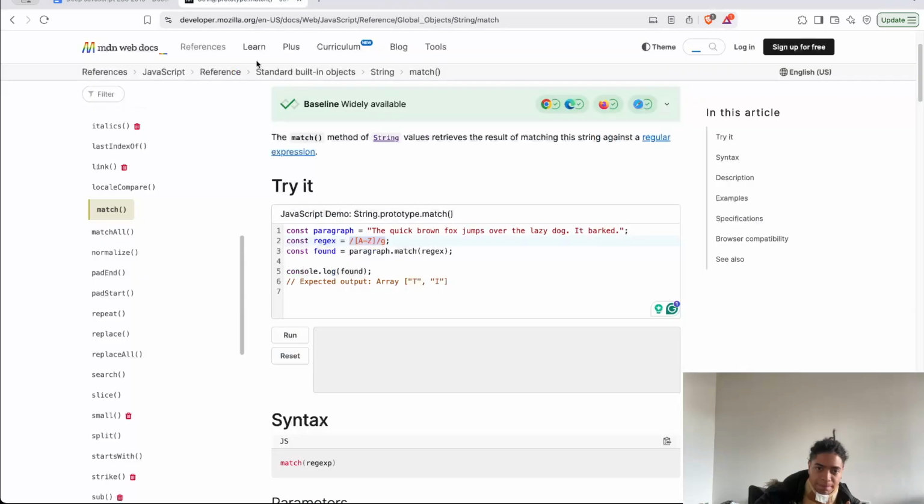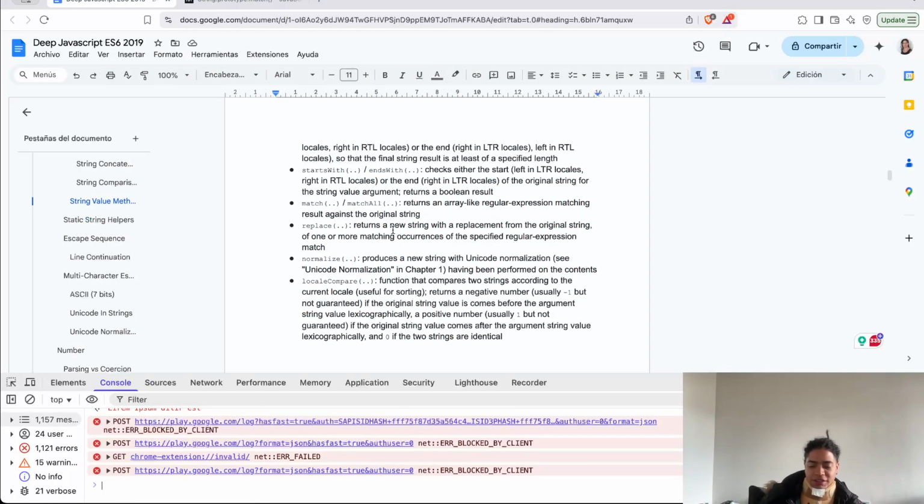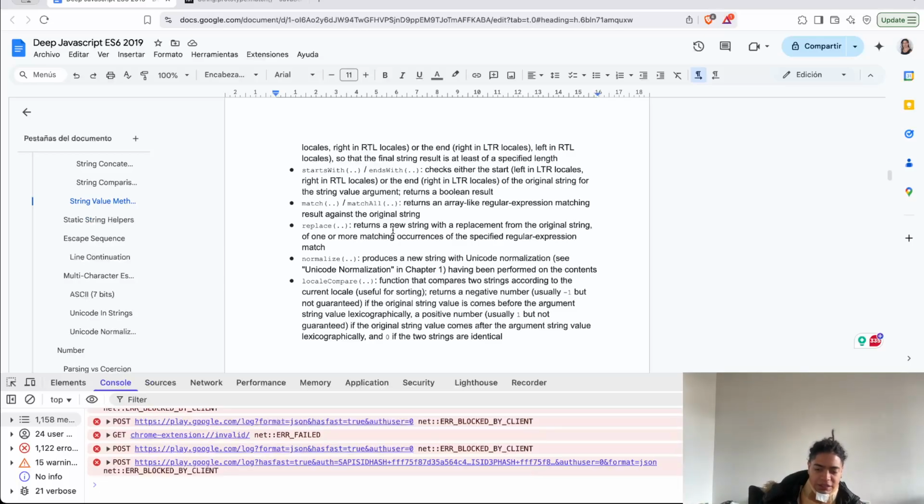And then we look now at the methods we described, the static string helpers, which is how you can have access to the hash table from code points, and the escaping characters. Escaping characters like, for example, a line break, a new line or a character.